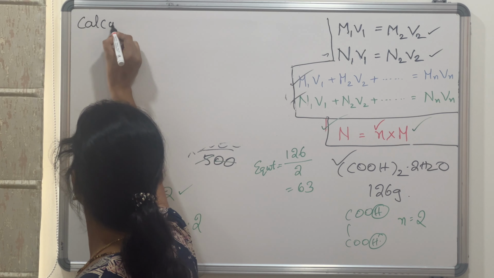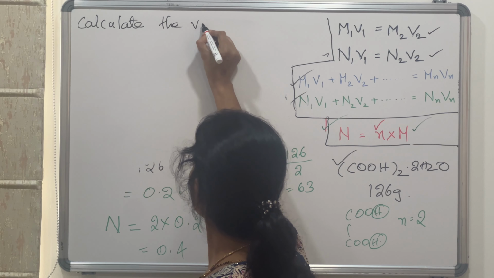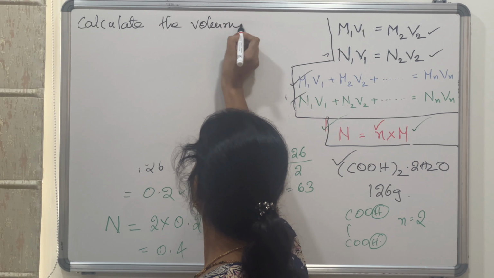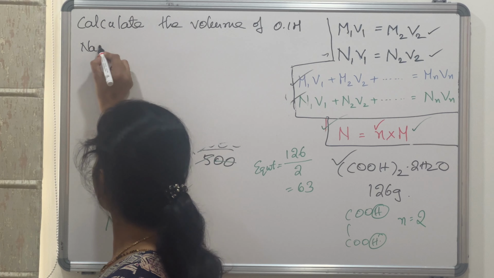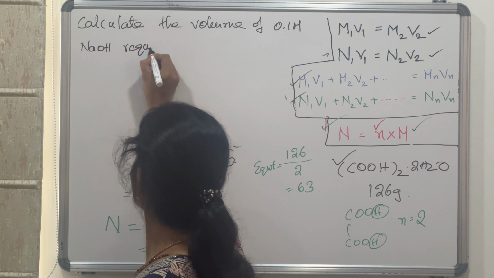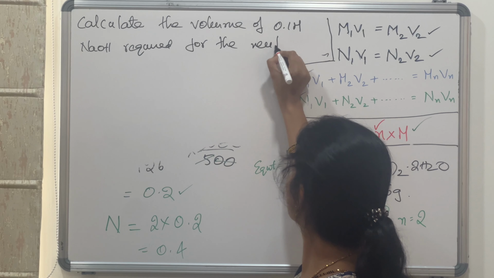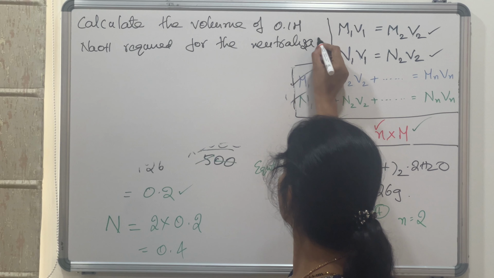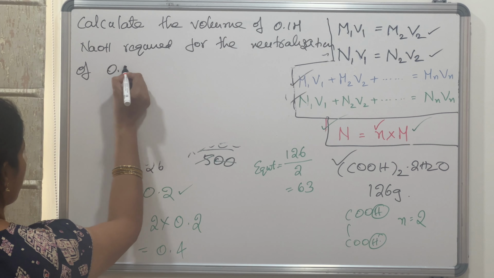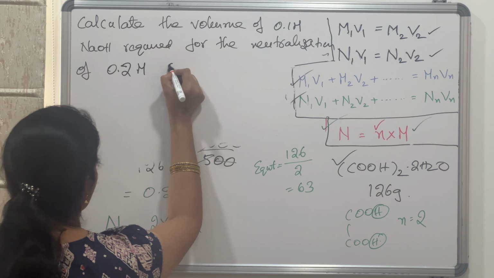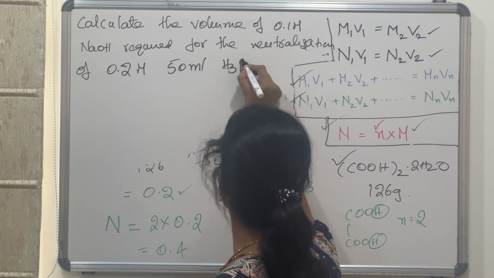Calculate the volume of 0.1 molar NaOH required for the neutralization of 0.2 molar, 50 ml H3PO4.